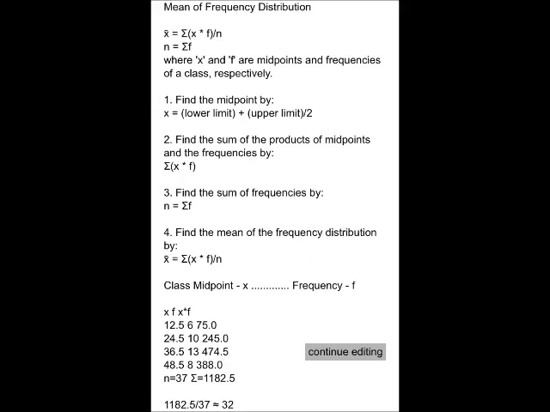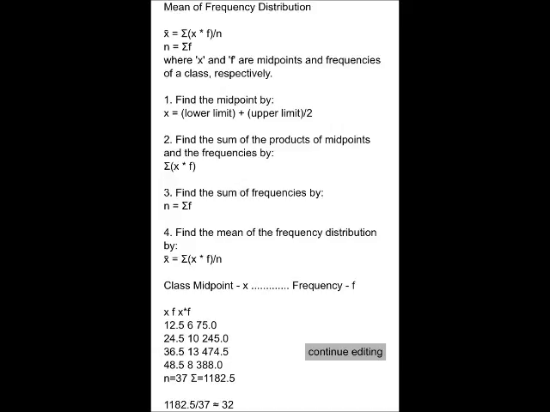We now have the mean of a frequency distribution, represented by x bar equaling sigma of x times f divided by n, symbolizing sigma of f, where x and f are midpoints and frequencies of a class, respectively. The first step in this process is to find the midpoints.